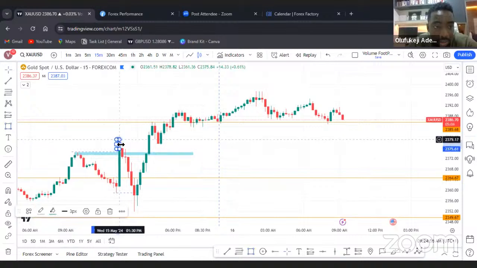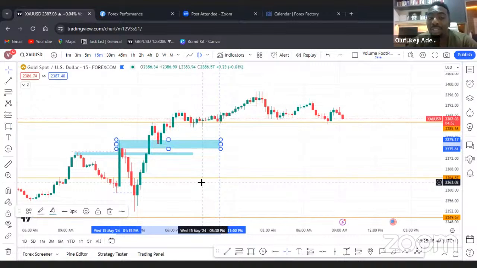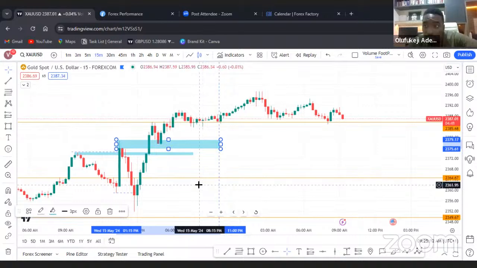Exactly. So, as price was going, as price breaks above that high, it can be the start of a sweep. But when it's supposed to come back and sweep, to come back into the, it formed twin tower support.